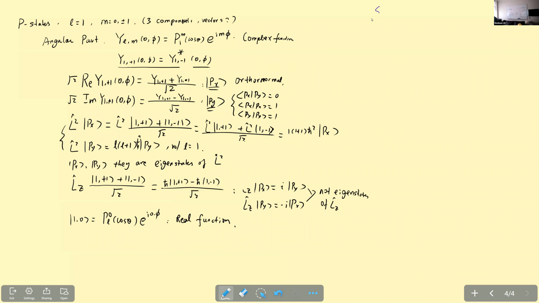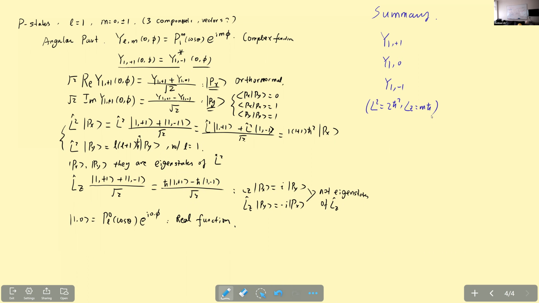Originally we have |1,1>, |1,0>, |1,-1>. These have L squared equals 2 times h bar squared, and LZ equals m times h bar. So they are simultaneous eigenstates of L squared and LZ.